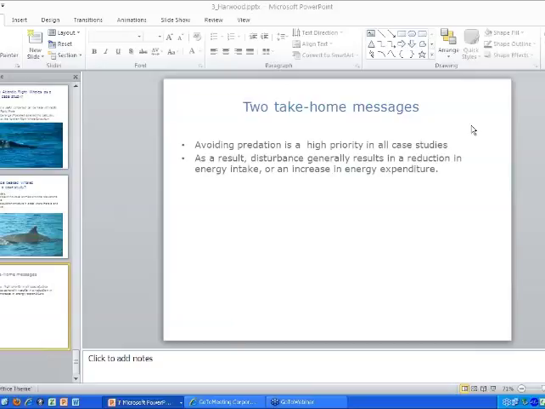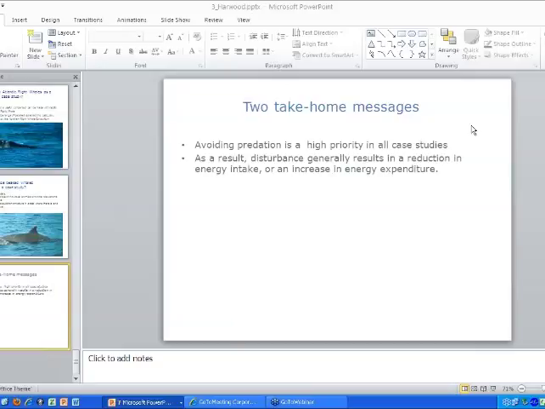The other thing that other people are looking at is sensitivity to the characteristics of the noise. So noise that's rough, that contains lots of sort of sharp edges, seems to provoke more reaction than continuous noise that's at a constant level. So those are things that can be done.